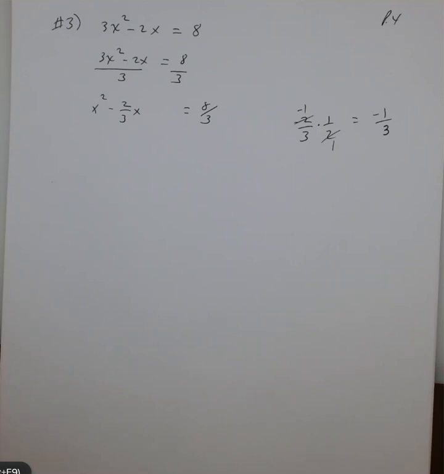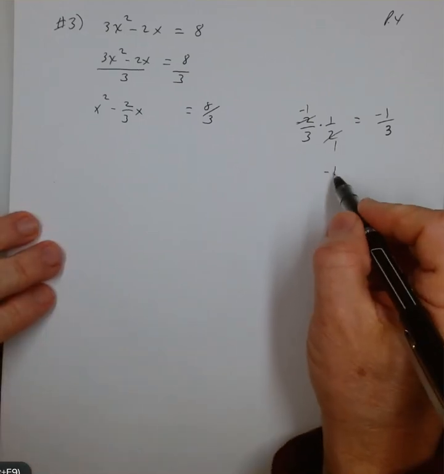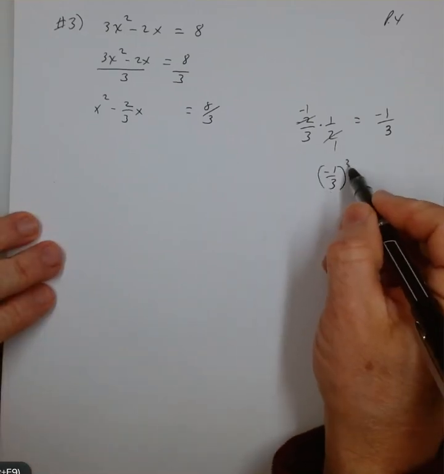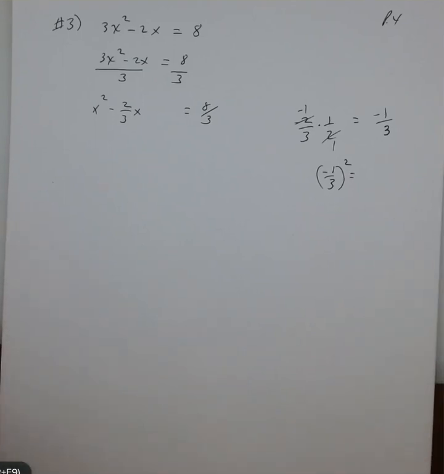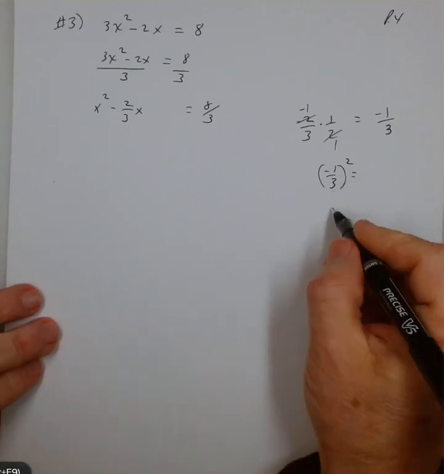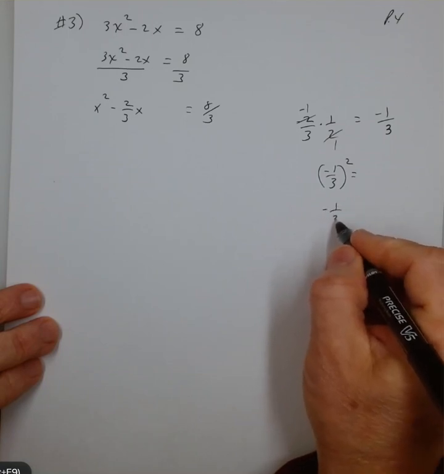Now what do I do to that negative 1/3? I square it. So what's negative 1/3 times itself? Not negative 1, positive 1/3. Negative 1/3 times a negative 1/3. Write it out if you have to. Now let's do it again.